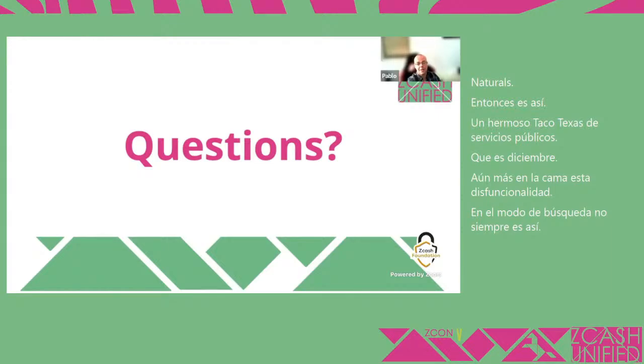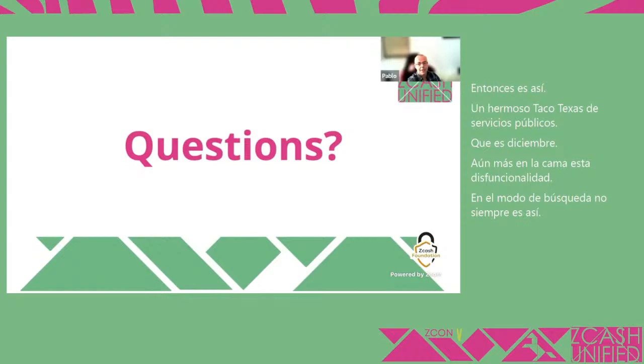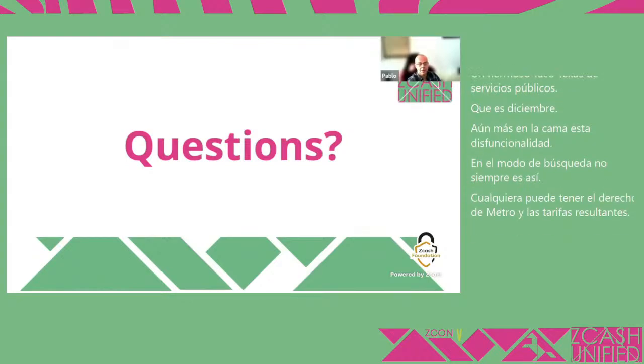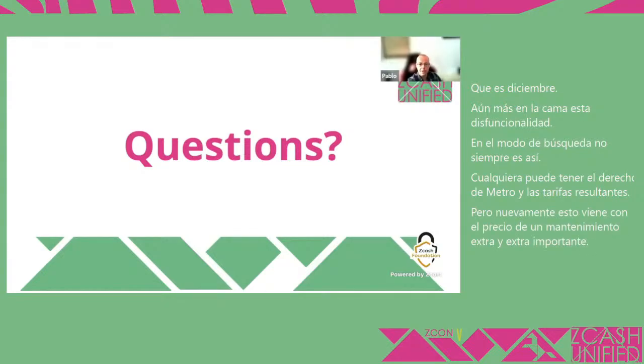Basically, we can provide software that anyone can run to be a matcher and to earn fees as a result. But again, this comes with the price of extra maintenance and extra effort on the Zcash side. These are just ideas, but these are the things that come to mind about decentralized matching.